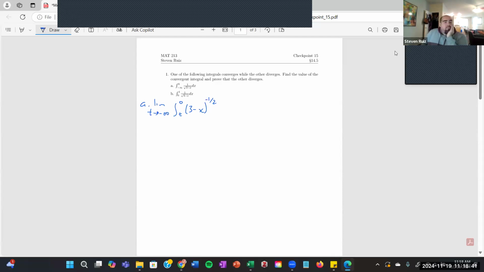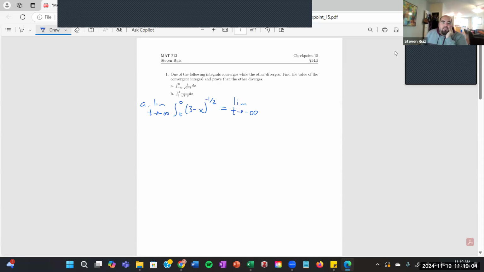So aside from that limit, we can handle this integral in a lot of the same ways that we have before. So we're going to carry that limit operator with us for a while. So what is the antiderivative of (3 minus x) to the negative 1/2?